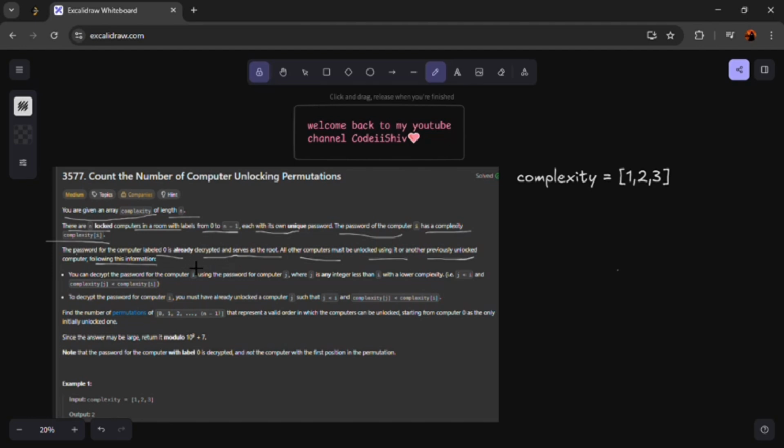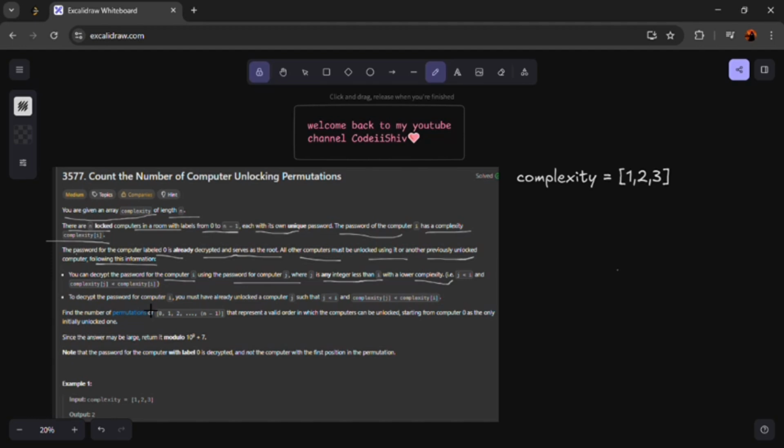You can decrypt the password for computer i using the password for computer j, where j is any integer less than i and complexity j is less than complexity of i. This means you can unlock computer i if and only if j is less than i and complexity of j is also less than complexity of i.